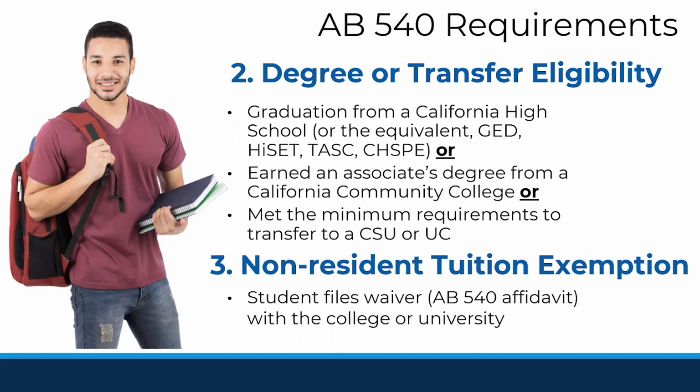You also need to remember that if a student gets a Cal Grant via AB 540 and the California DREAM Act application, they have to sign a non-resident tuition exemption waiver or paper. Sometimes we call it an AB 540 affidavit, and that stays with the college or university. We'll talk more about that in just 1 second.